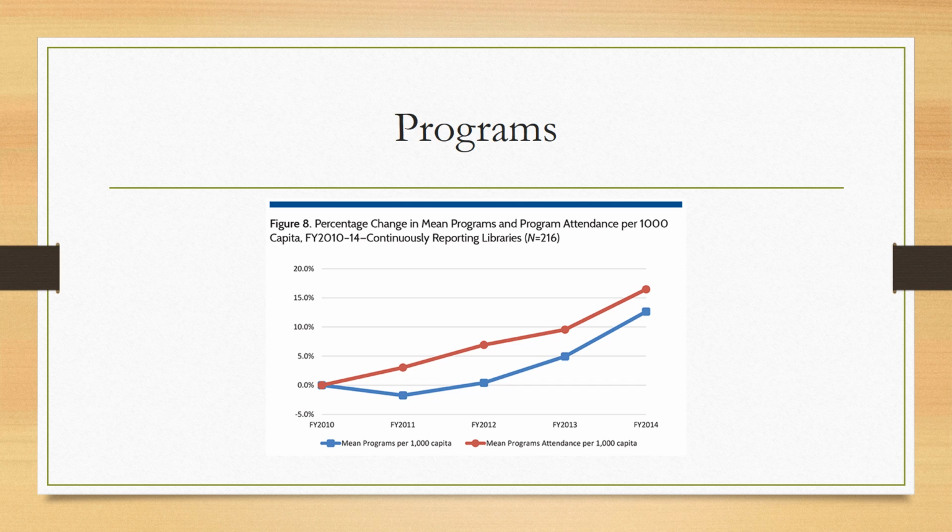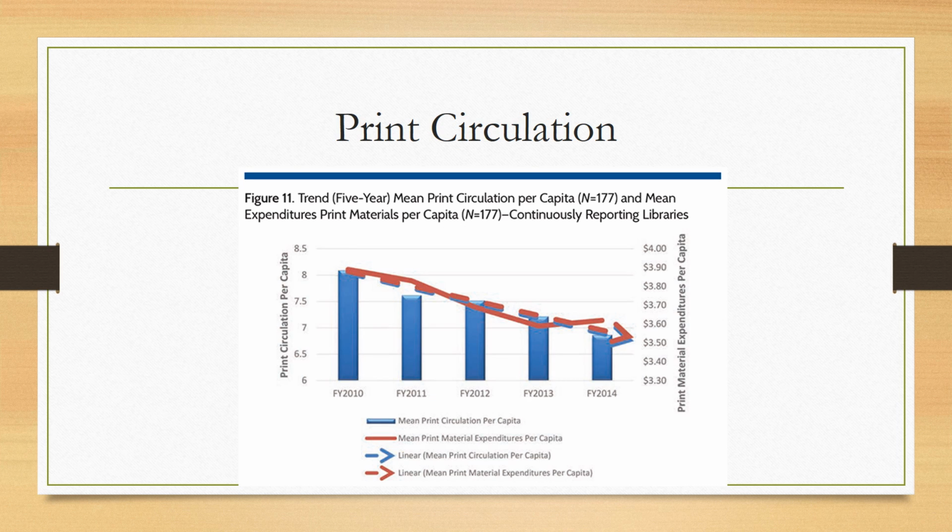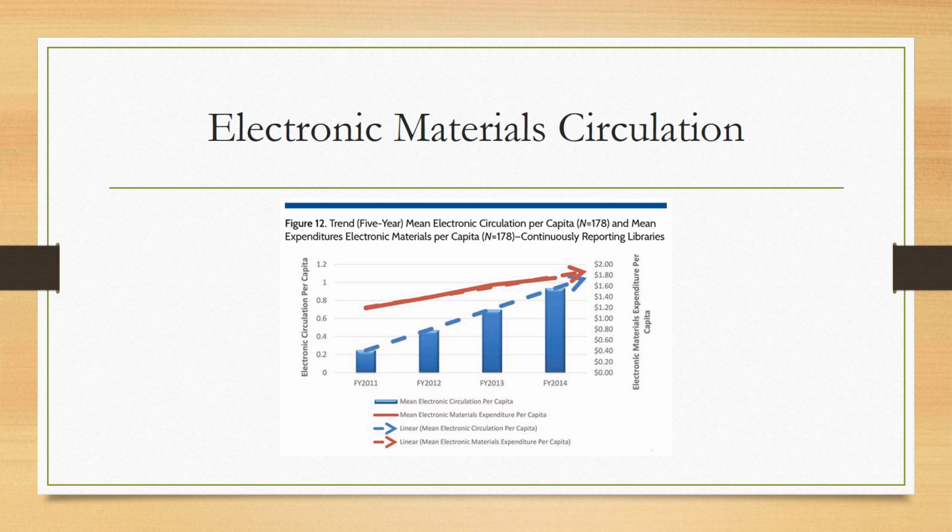Is it just the collection, or does the collection form a nucleus around which programs are done? That's something that you have to consider. Print circulation is down. Programming is up. Electronic material circulation is up. Programming is up.